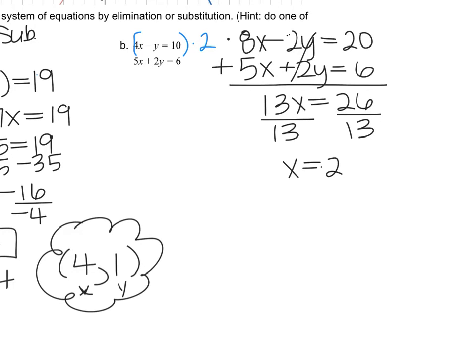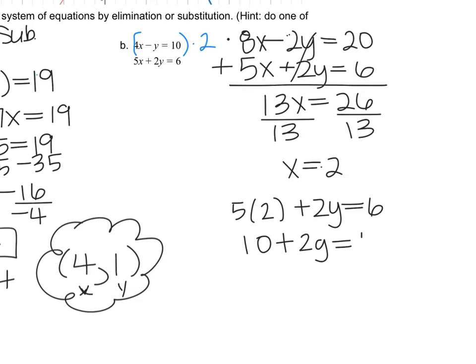Now that I know x, I can plug it into one of the original equations to solve for y. I'm going to plug it into the second equation. So we're going to have 5 times 2 plus 2y equals 6. 5 times 2 is 10. We're going to subtract 10 from both sides, so we get 2y equals -4.